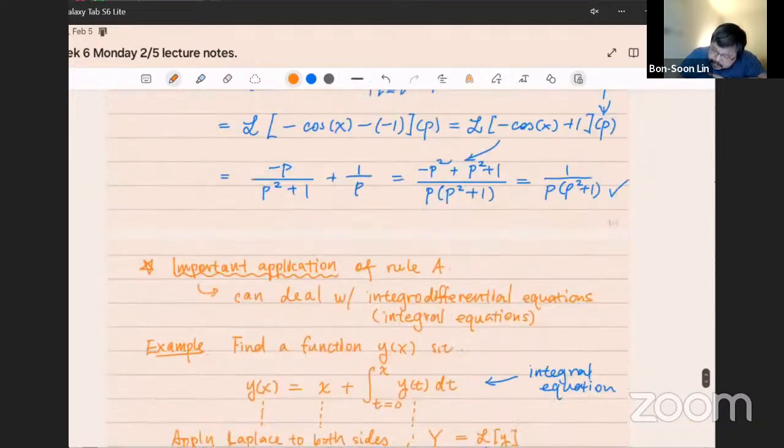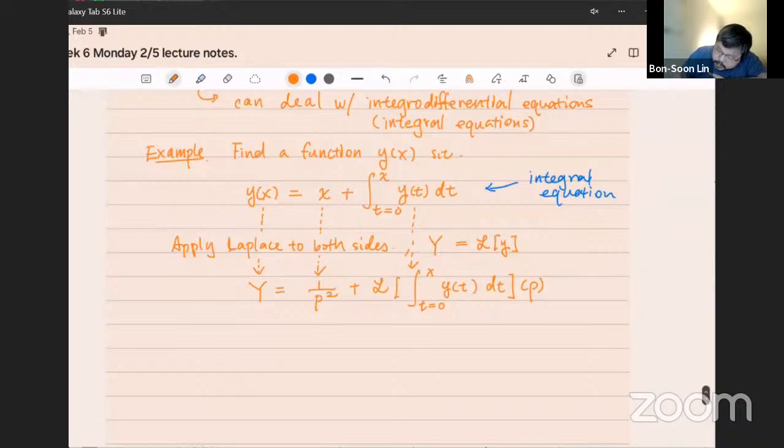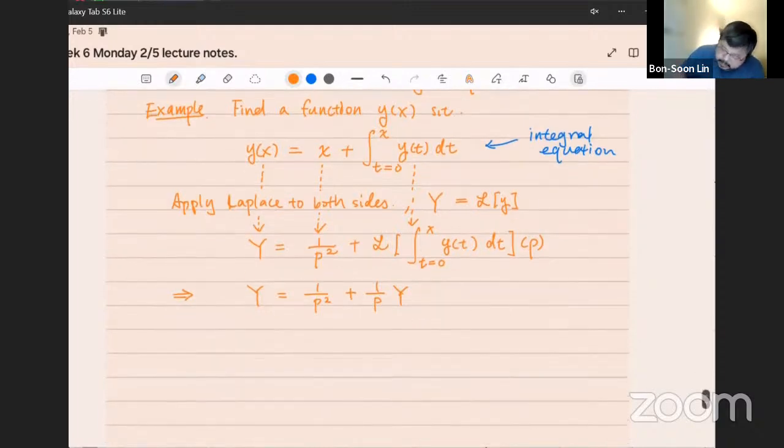So this part just turns into 1 over p times big Y. Hence, we have this algebraic equation: Y equals 1 over p squared plus 1 over p times big Y. And now what we want is to solve for Y as a function of p.